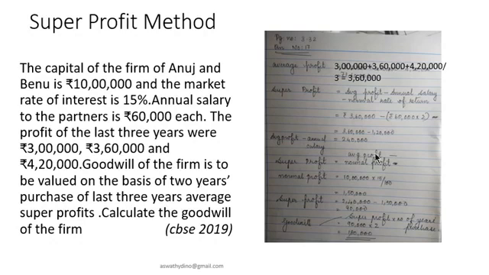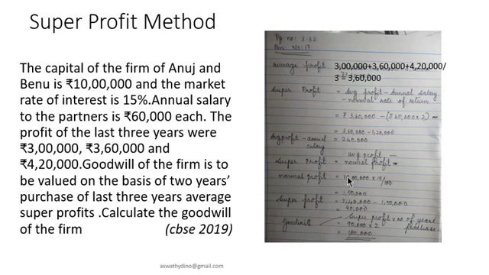Now super profit is equal to average profit minus normal profit. What is the normal return? The normal return is given in the question as 15%, and the capital contribution is 10 lakh. So normal profit is equal to 10 lakh into 15 by 100, which is 1,50,000. Clear so far? Now super profit is equal to actual average profit minus normal profit.